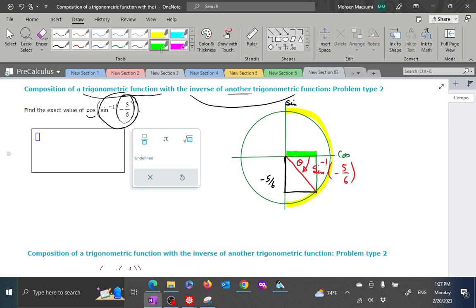Okay, let's redraw everything so that we are not lost in that circle. So I draw. What is it that I know? I know this side is minus 5/6. I know the radius of the unit circle is 1.